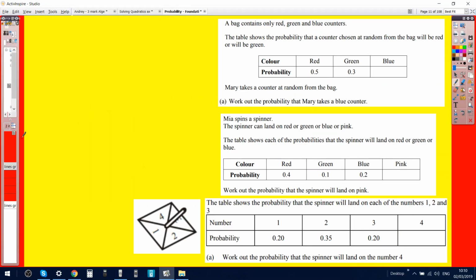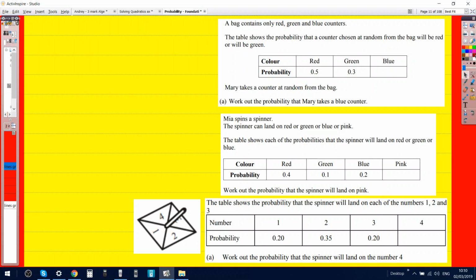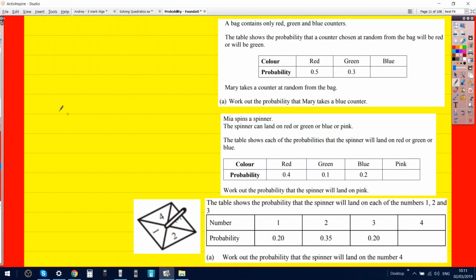Okay, top one. Would it be 0.2? Yeah. Next one. Table. 0.5. 0.7. Would it be 0.3?